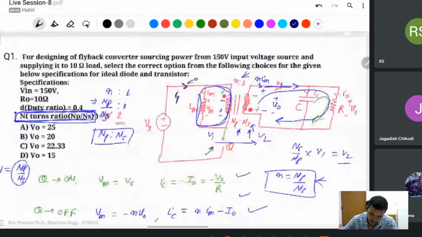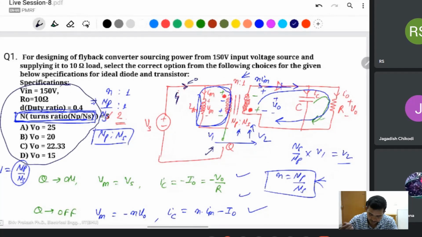Come to the question, given like that. What will be the output voltage from this?